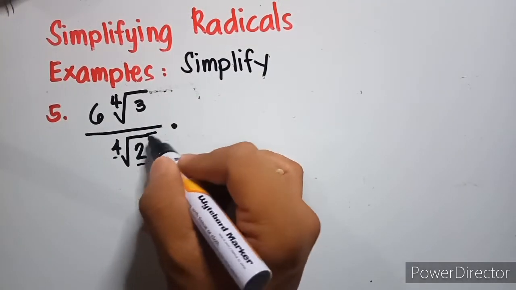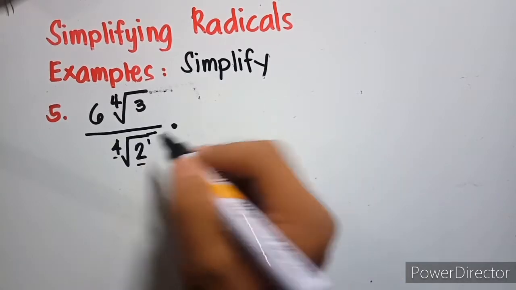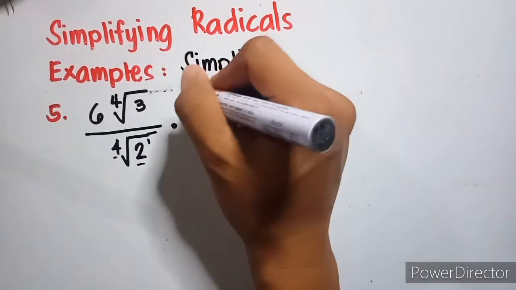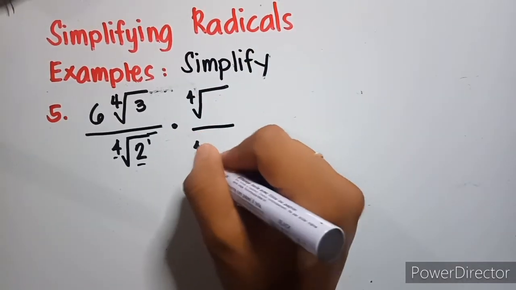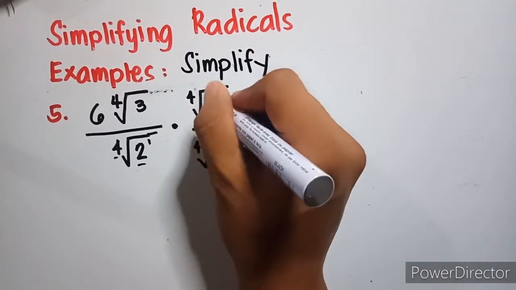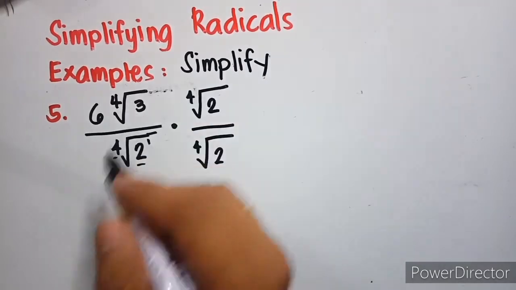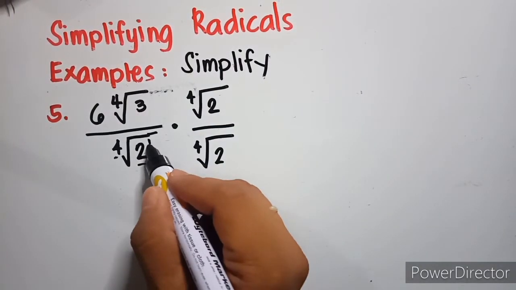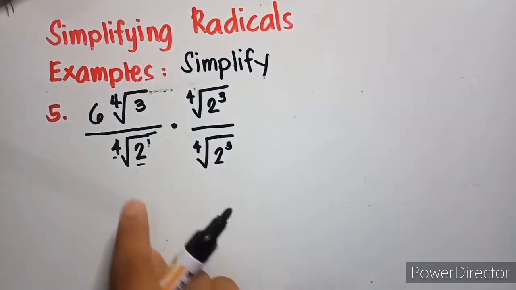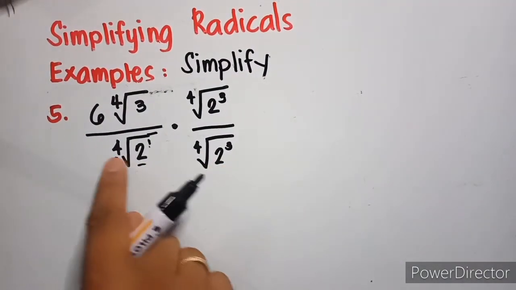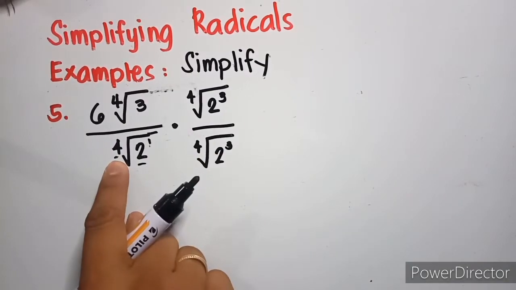So, yung 2, may isa na tayo dito. So, ang ating i-multiply ay fourth root din ng 2. Kaso, 4 siya. May isa na dito. So, ang hinahanap pa natin ay 3. Para maging 4. So, 1 plus 3, 4.